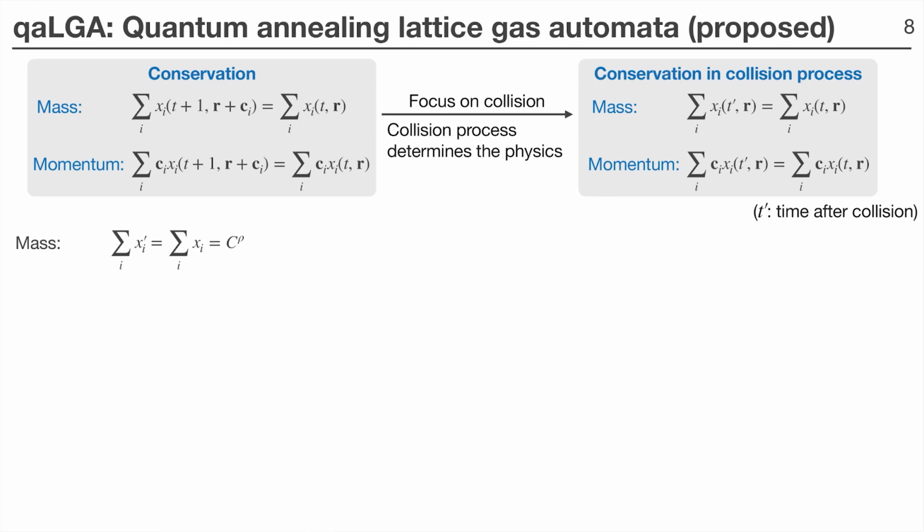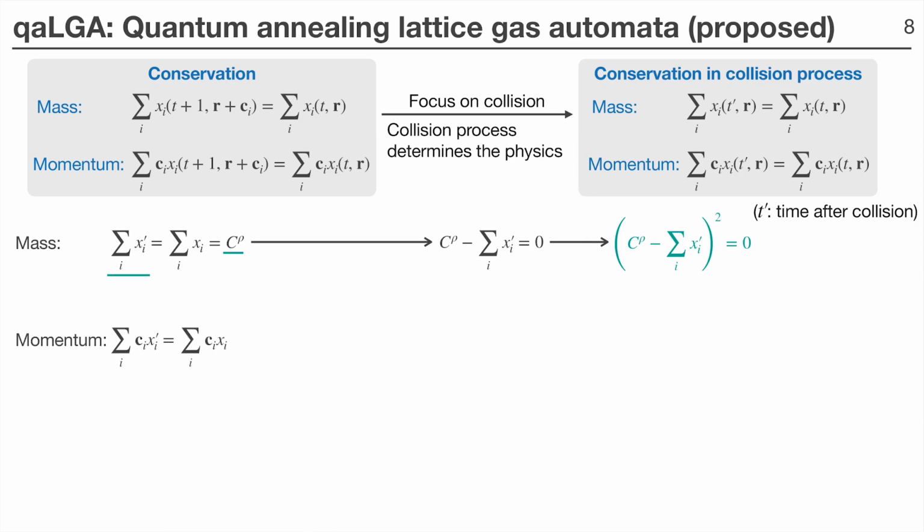And by summing these xi prime, xi, we can obtain zero or something. This is a constant number. Then from this relation, we can obtain this relation, and then square both sides of this equation. We do the same thing for the momentum.